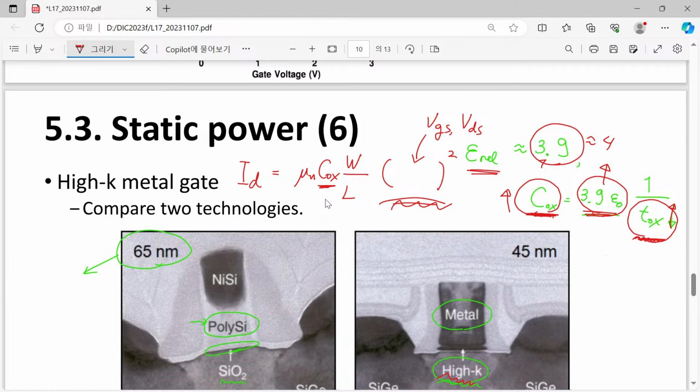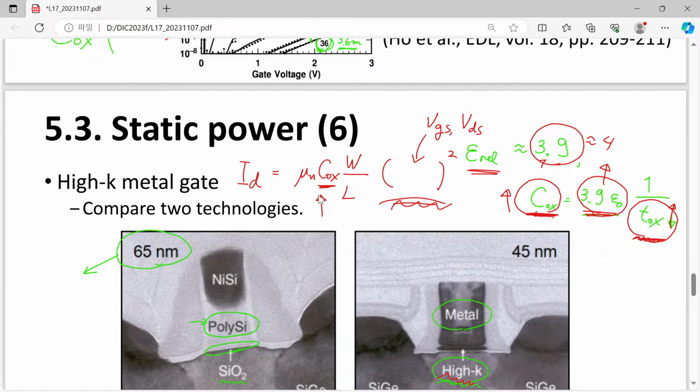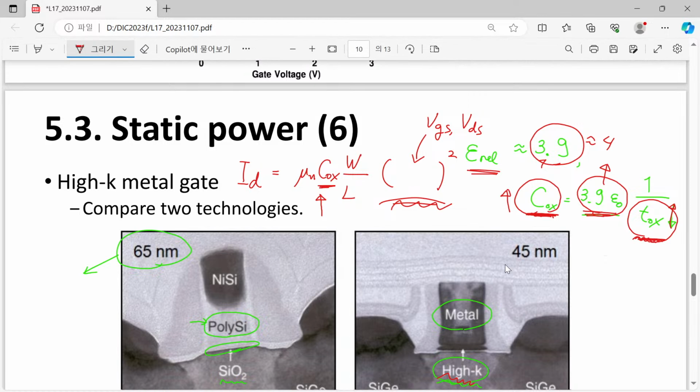Simply speaking, if you have higher oxide capacitance, then you can get more electrons. Let's make a comparison for these two different technologies. One technology has a relatively high oxide capacitance.